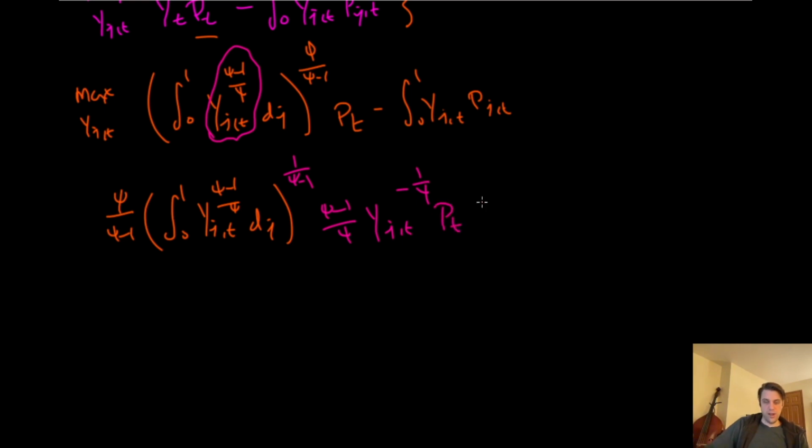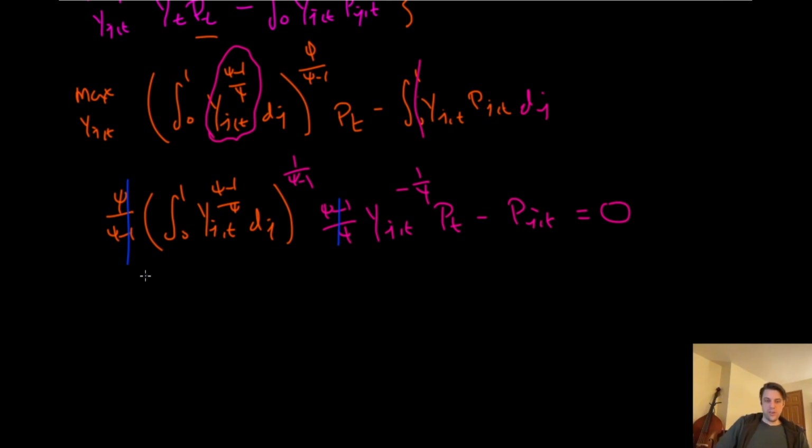PT comes along for the ride. And then here we have the same point where this is just an infinite sum. Everything's going to 0 except for j, so we only think about, there's a dj here, I'm sorry. We only think about the jth one, so we can just ignore this integral and just write down PJT. And that equals 0. So we're almost done. We see right away this cancels this. That's great.